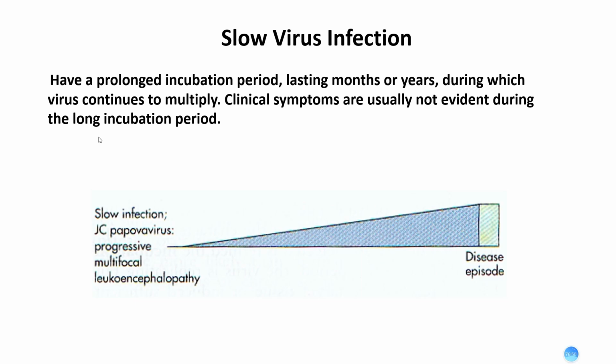So this is after exposure. The virus would replicate in the host slowly, and it has a prolonged incubation period. This is the incubation period. During the incubation period, there are no symptoms at all. It can last for months or years, during which the virus continuously replicates and accumulates in the host.